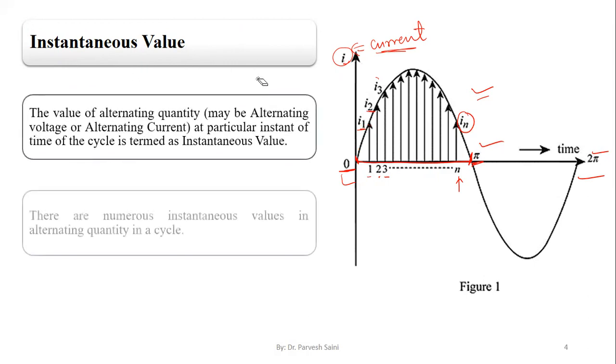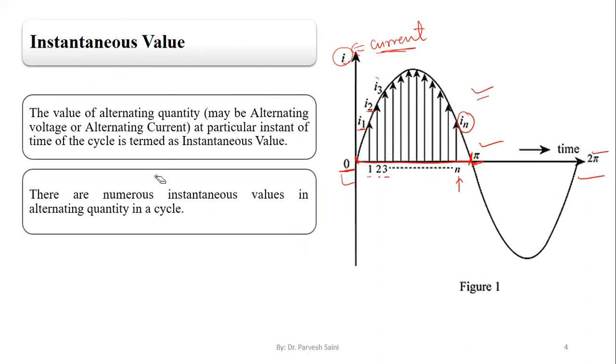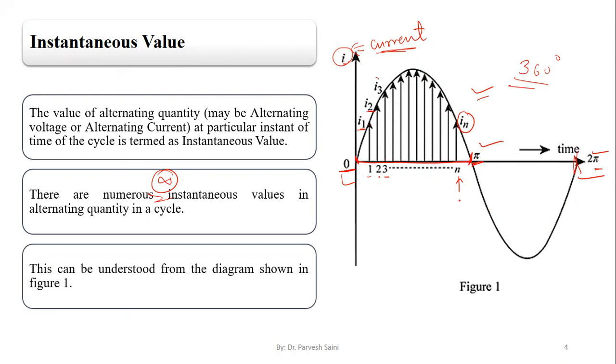So if you have to find out the instantaneous values over this whole cycle, because one cycle of a sinusoidal wave is from 0 to 2 pi, it is for 360 degrees, you may have numerous instantaneous values, or you can say you may have infinite instantaneous values here. This can be understood from this diagram as I have already explained.